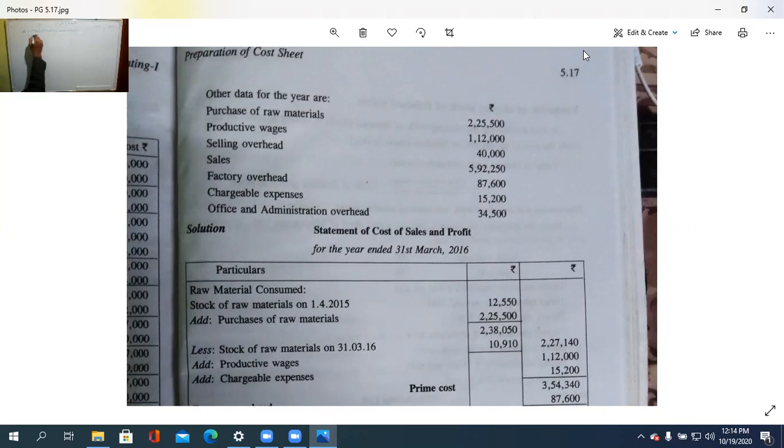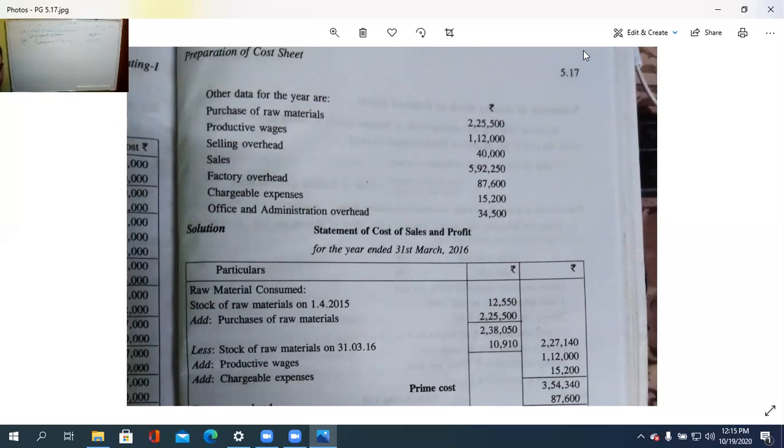That is opening stock of materials. How much is the amount? It is 12,550. And the purchase of raw material is to be added, that is 2,25,500. Okay.